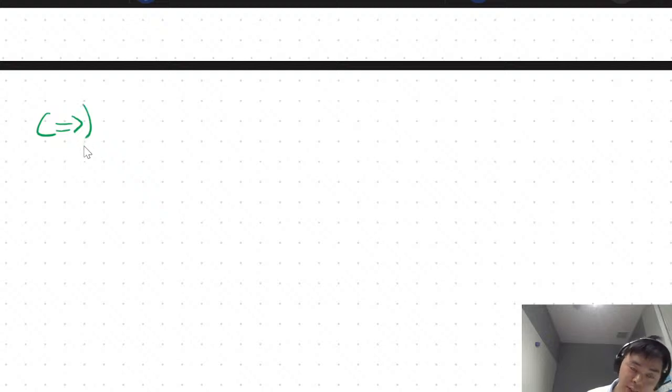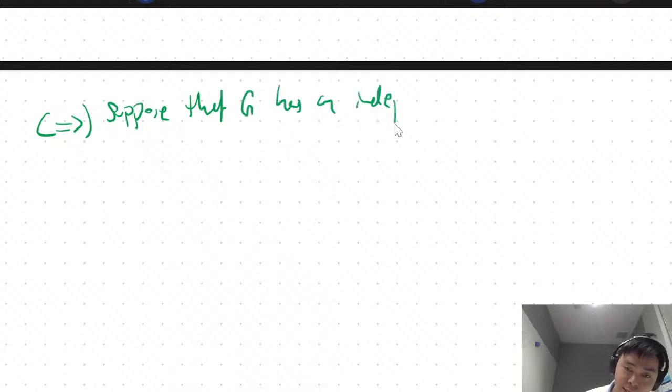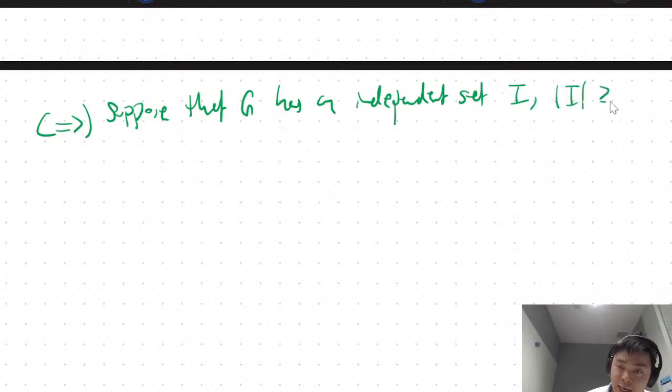Let's suppose that G has an independent set I, and I'm also given that the size of I is at least k.